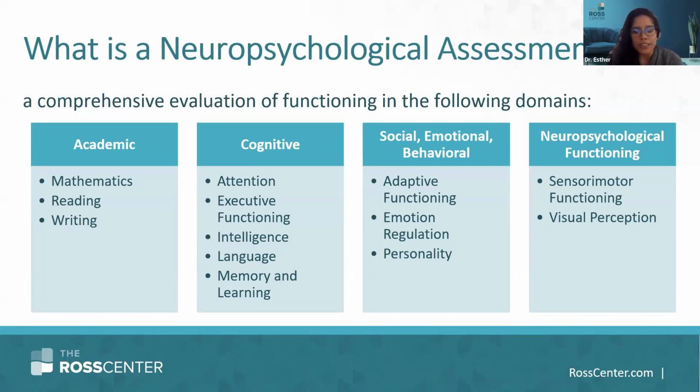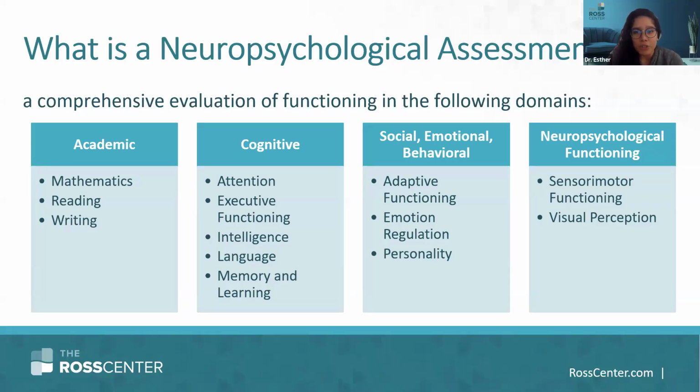And neuropsychological assessments also assess social, emotional, and behavioral functioning. This includes adaptive functioning, or one's ability to function in day-to-day life, and also includes many measures of emotion regulation and symptoms associated with things like anxiety, depression, as well as personality assessments.